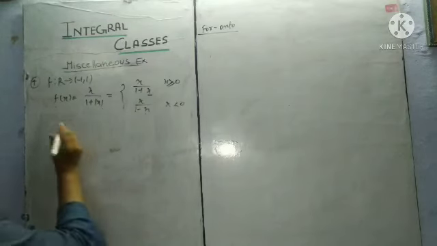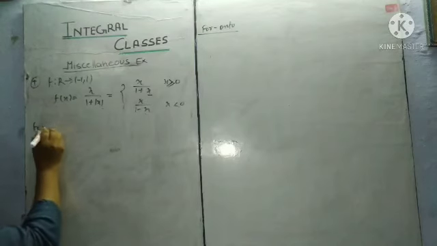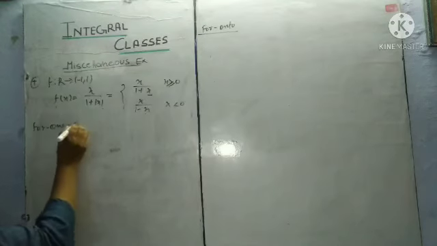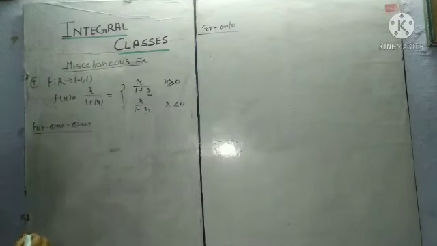So student, for 1-1, as we know, what is the condition for 1-1? First we will write f(x1) equal to f(x2). Student, in this question we are doing something similar to question number 2, where we took odd and even.